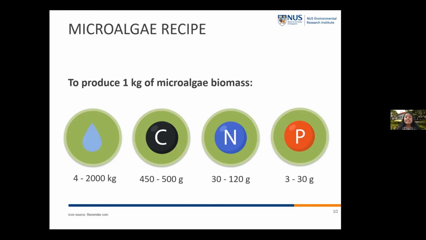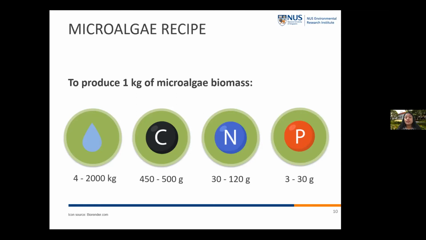The next kind of carbon source, if you are doing heterotrophic cultivation, is organic carbon like glucose. But if you start using glucose to cultivate microalgae, it will become very expensive, and that's a very big problem. The next ingredients in the list are nitrogen and phosphorus.